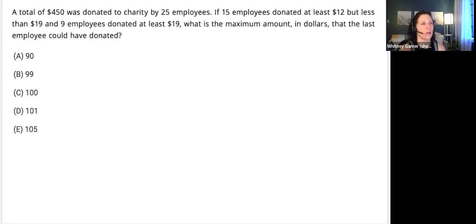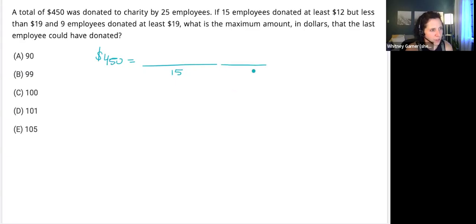Okay, so I have a similar kind of setup. It's not quite average, but I've got $450 that's being donated by 25 people. There's the first 15 people, and then there's another 9 people, and then there's the last person.